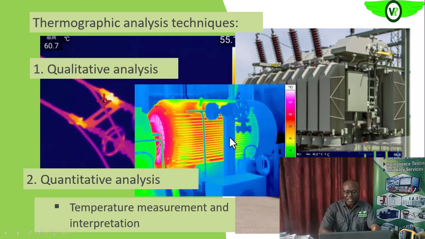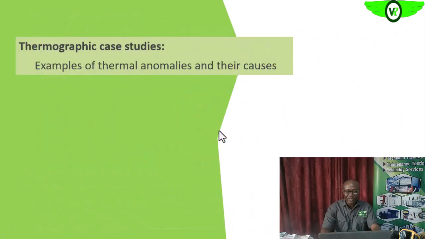So the temperature here will give you the ambient temperature. You subtract it from the spot temperature on the hottest spot on the electric motor. So the delta T reading, you will now compare it with what you have on the nameplate.